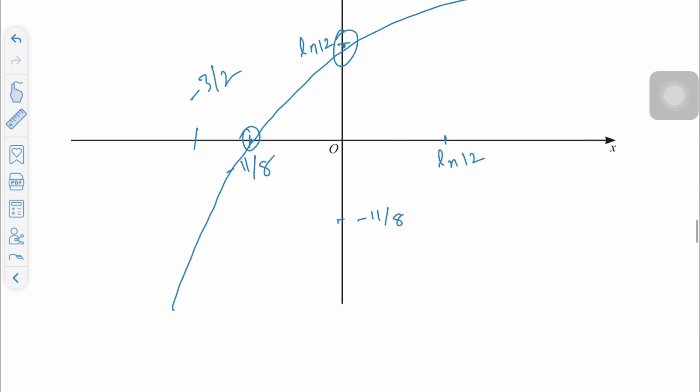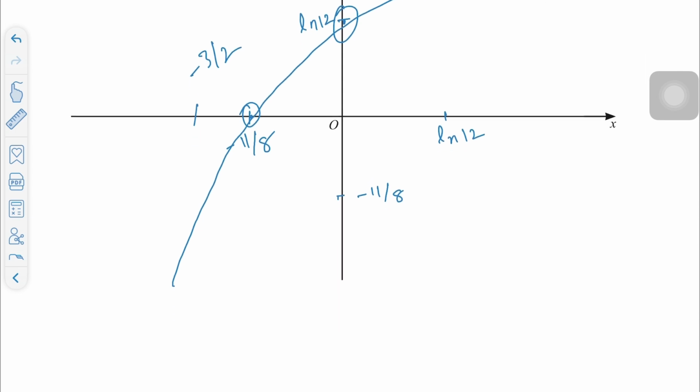Remember in the first part this was red. It's a pretty rough sketch for now, and then this would be something like this.